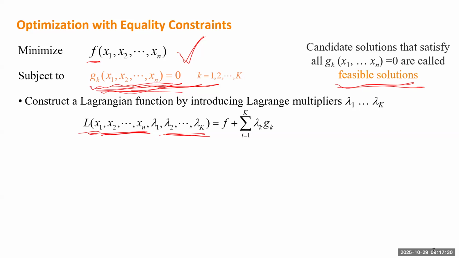So if you have k equality constraints, you introduce k multipliers. We call them Lagrange multipliers. Each multiplier means a certain price you want to apply to the violation of each equality constraint. So here, if any g is 0, which means you don't need to pay any price.